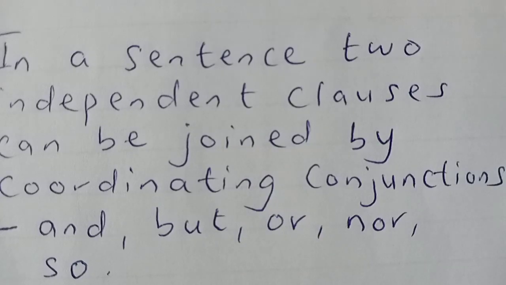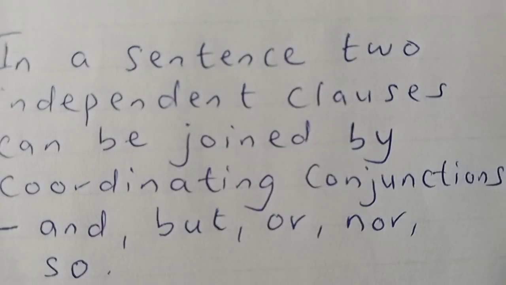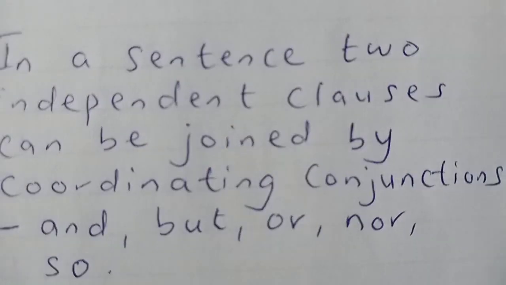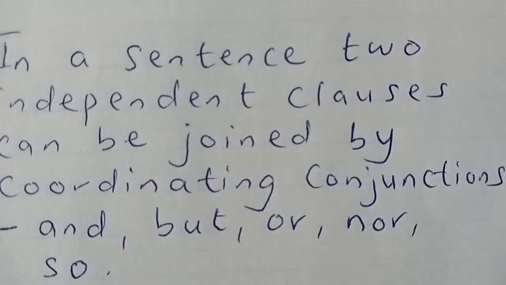So when we have two independent clauses and you want to join them together, of course, we know that conjunctions are linking words. They are words that join sentences. So if you have two or more independent clauses and you want to join them together to make one compound sentence, we use coordinating conjunctions. That will be and, but, or, nor, or so.